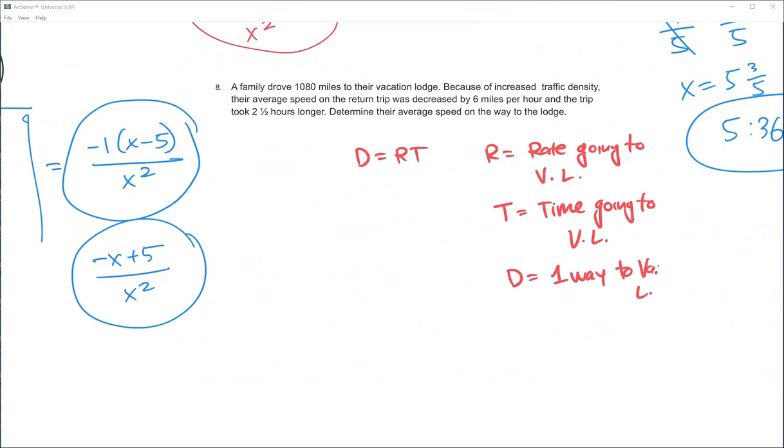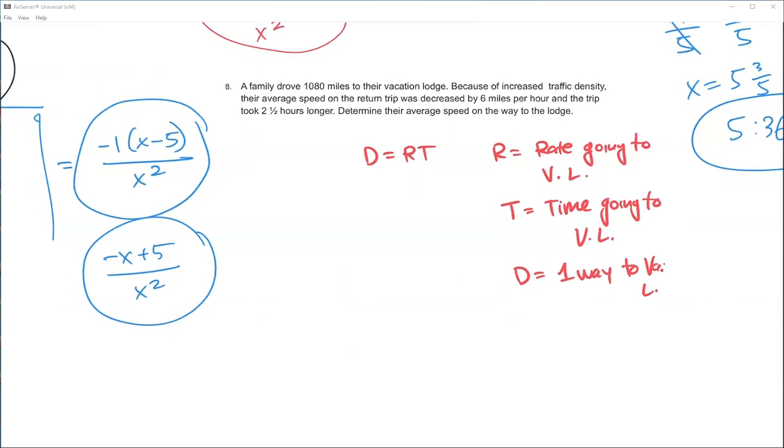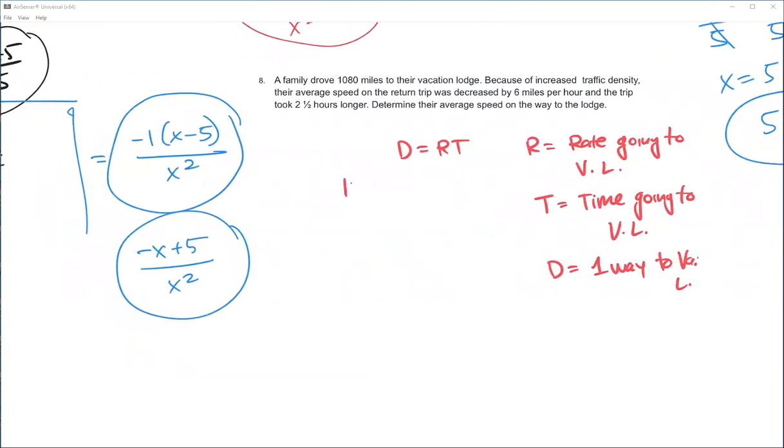So we know that the distance is 1080 one way, and another 1080 going back, right? The first equation would be 1080 is equal to R times T. Now the problem is the return trip coming back.